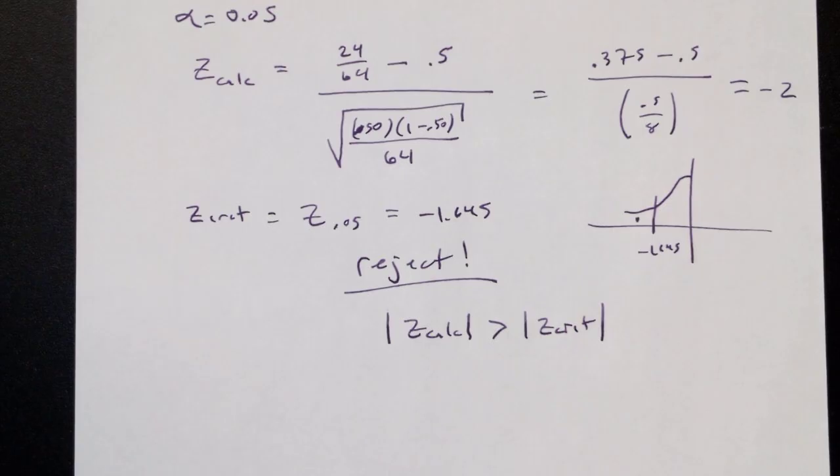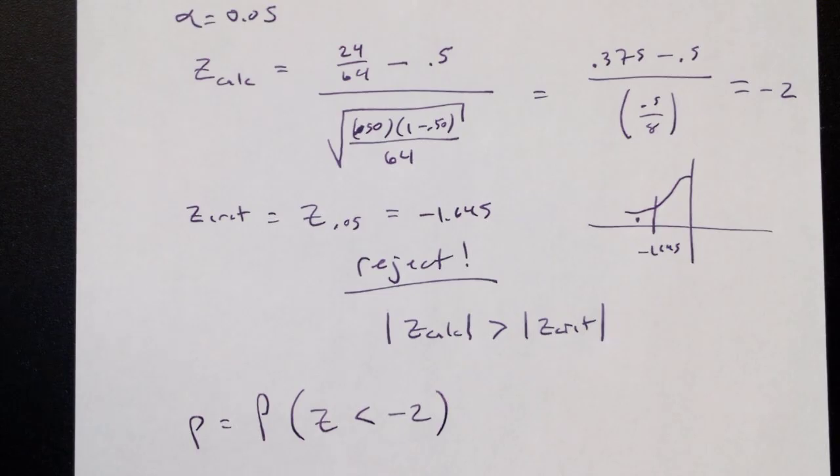What's the other way I could have come up with that sentence? With the p-value. What is the p-value? It's -2, right? That's our z that we calculated right there. So p is the probability that z is less than -2.